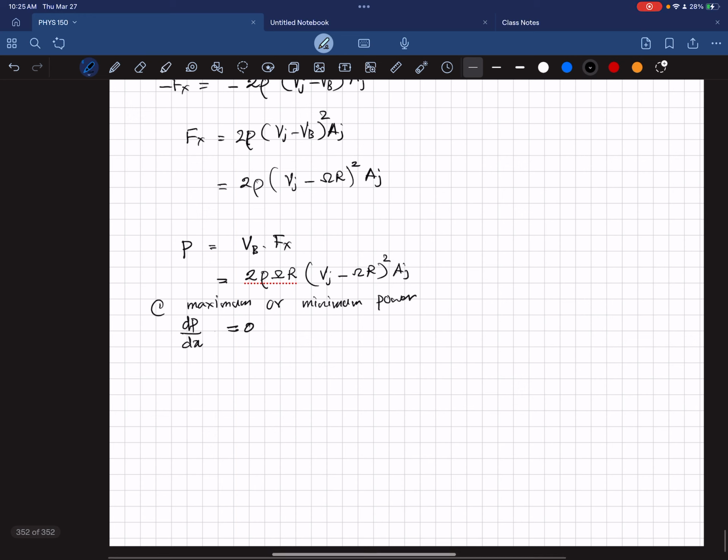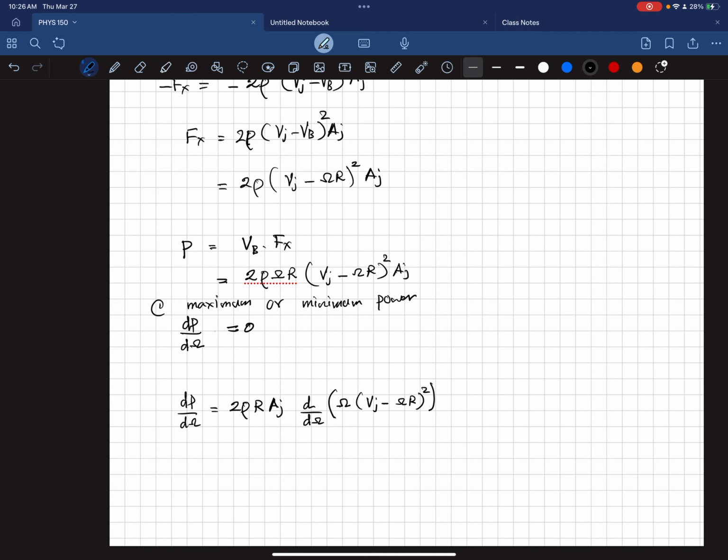So dP over d omega is equal to 2 rho r, which are constants. Aj is also constant. And we have omega times Vj minus omega r squared, right?